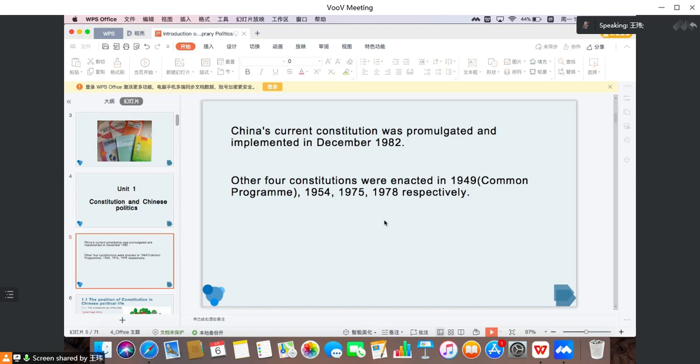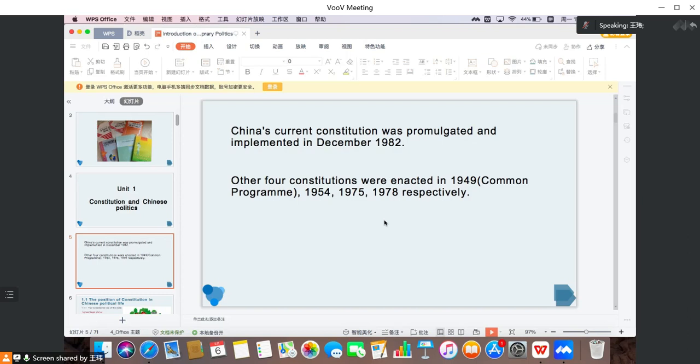We just call it the Common Program. But it has the same status as our constitution. It stipulates the new country's foundation and all the rules and programs about the new country.